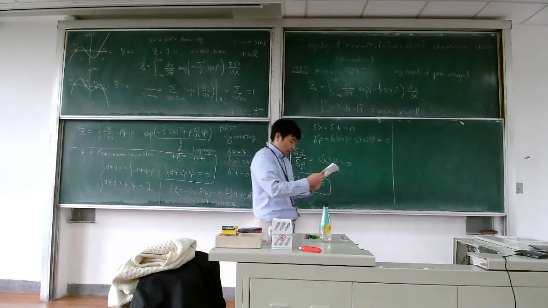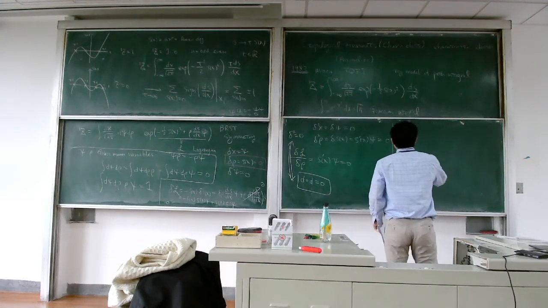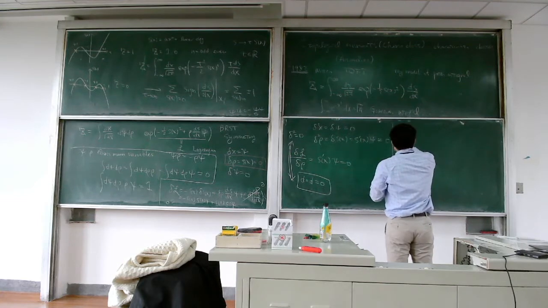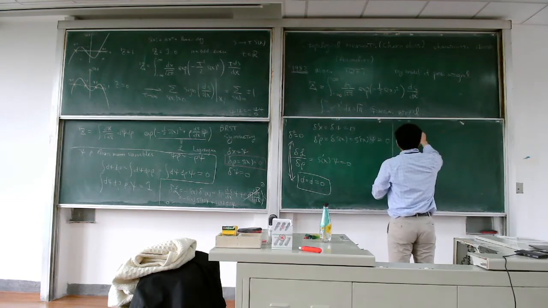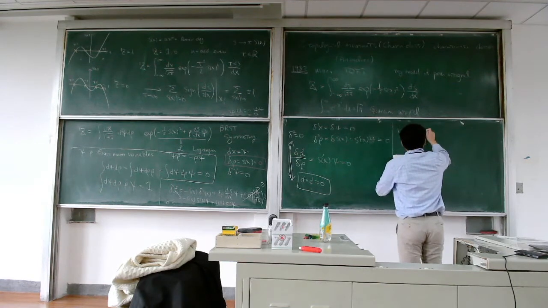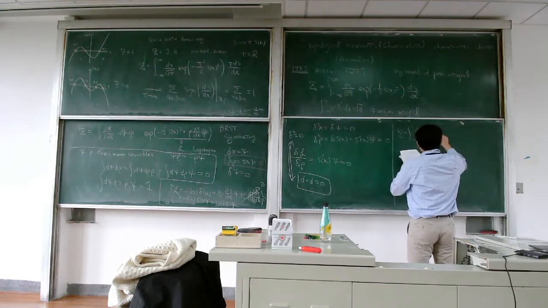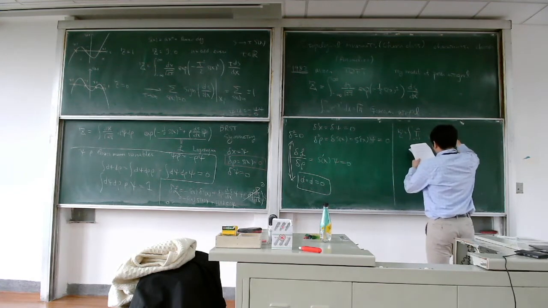And one can mimic the consideration to higher dimensions. We just introduce the following thing. So D is equal to sum over n. So you just introduce a lot of variables, dx_i over square root of 2 pi, exponential minus 1/2.